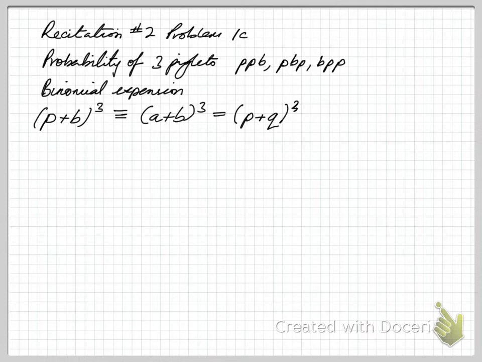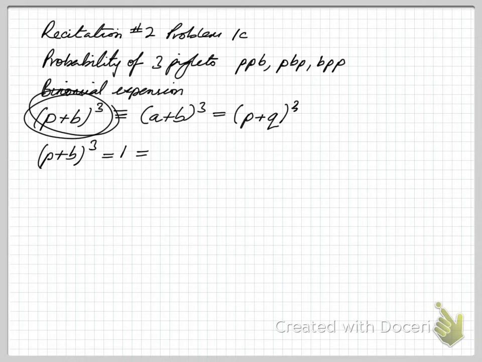We'll use this convention just because it's easiest. If we expand that polynomial, P plus B to the 3rd power, don't forget that it equals 1, because that's the sum of all of the possible outcome combinations.